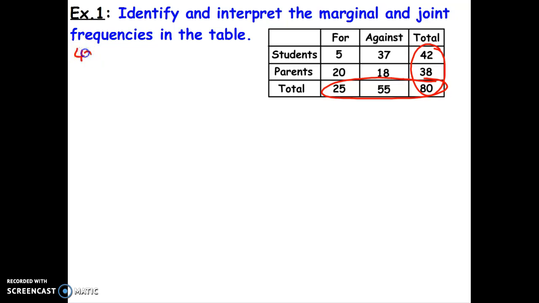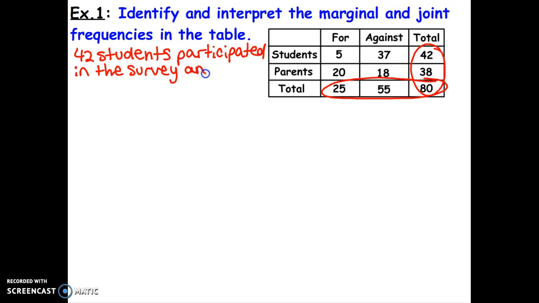So we can say that 42 students participated in the survey. And this is our identifying part. And 38 parents participated in the survey.